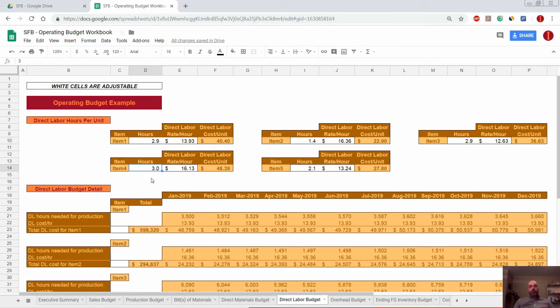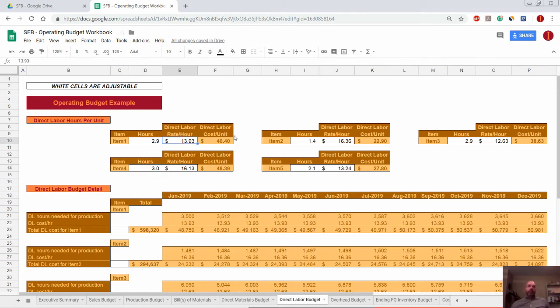Maybe it only takes 1 hour to assemble all the direct materials, but it takes 3 people to do it, or we want to have 3 people doing it. It might not be necessary, but that's just what we've decided to have for our crew size building item 4s. So the man hours is 3: 1 hour of actual time times a crew size of 3 laborers.